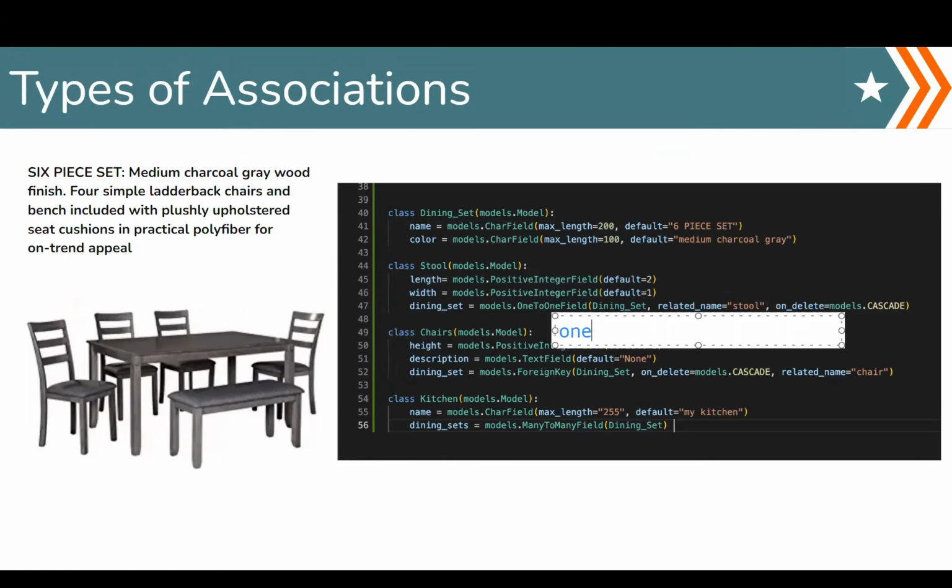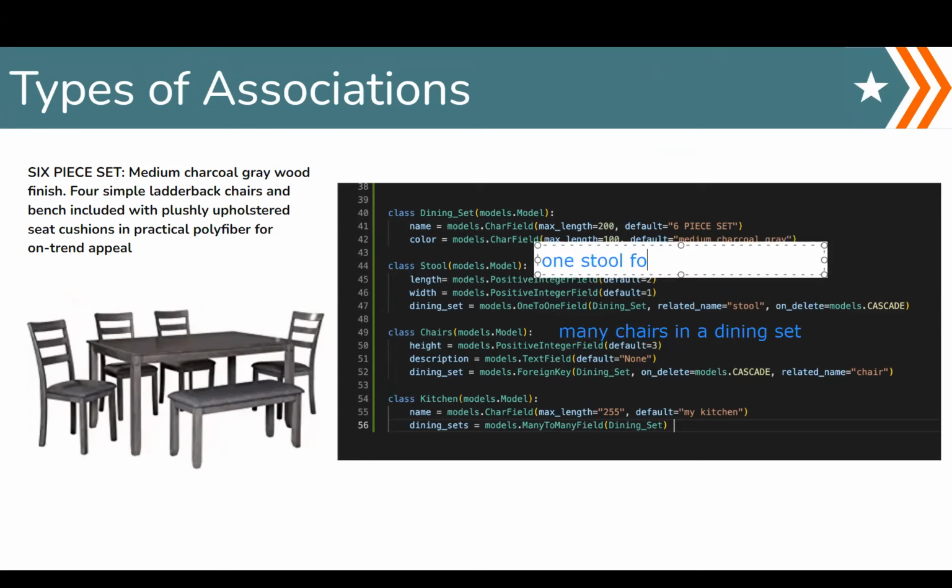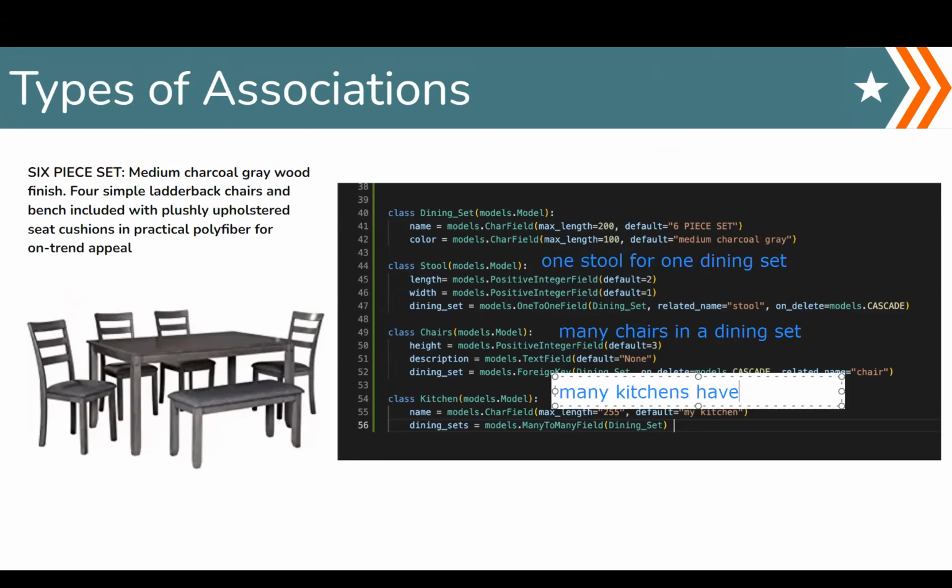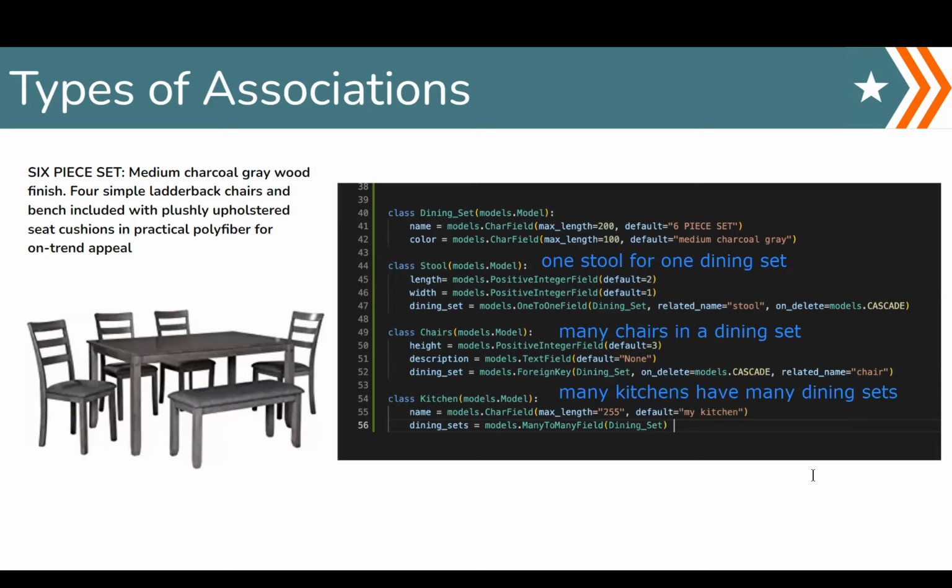So we could say many chairs in a dining set. Here we have one stool for one dining set. We could say many kitchens have many dining sets. And at least I think that's an easier way of thinking about it.